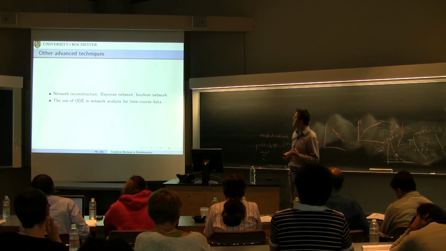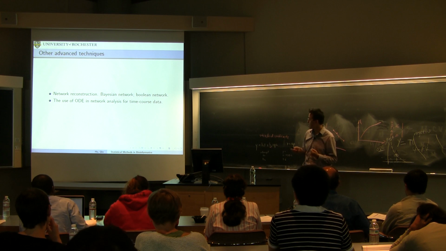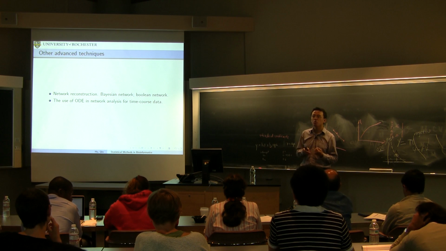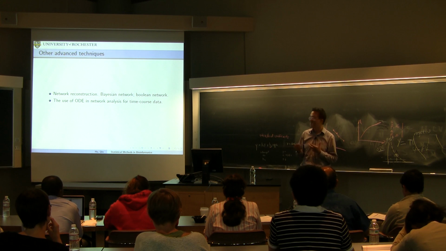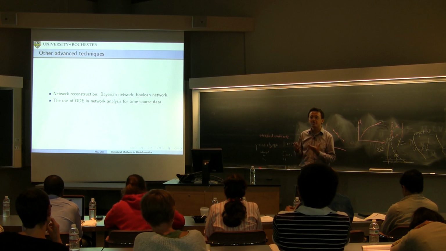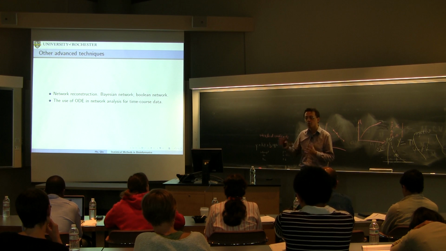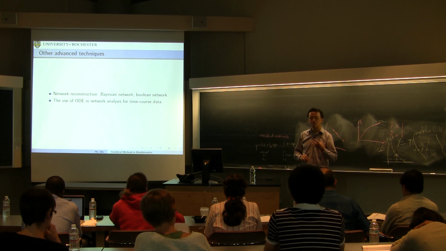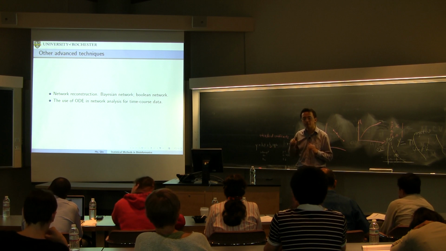The other one is ODE, ordinary differential equation. I believe Hu has pretty good research on this: how to use ordinary differential equations to analyze gene expression data once you have time course data, and how gene expression changes as time goes by.